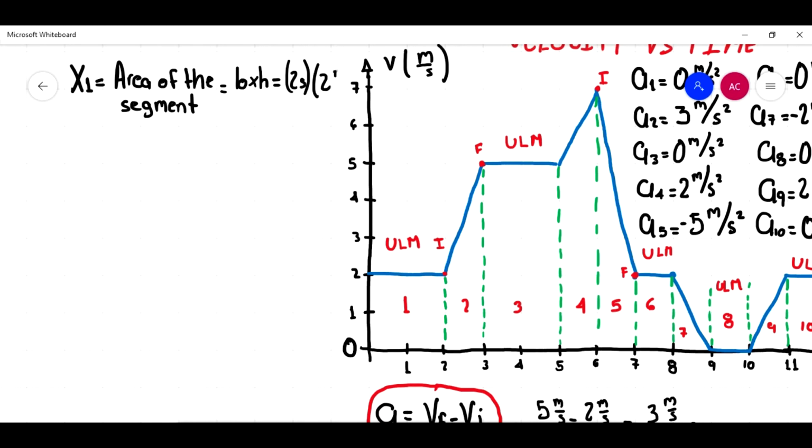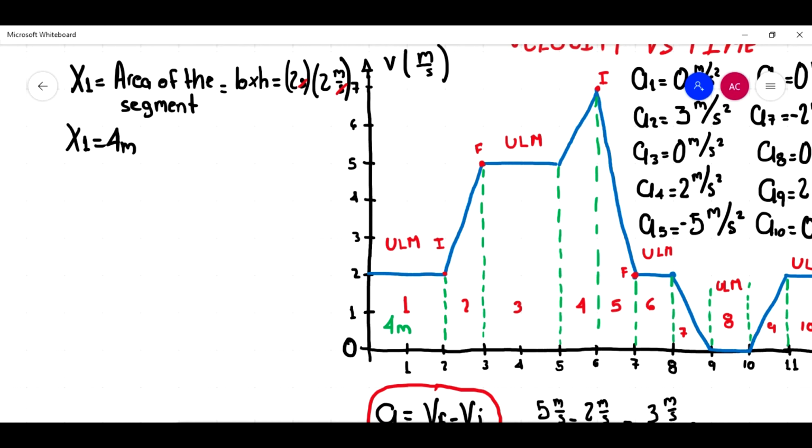I'm going to cancel seconds with seconds, so the distance traveled in segment number 1 will be 4 meters. I'm going to write that information here, 4 meters. In segment number 1 the distance is 4 meters.